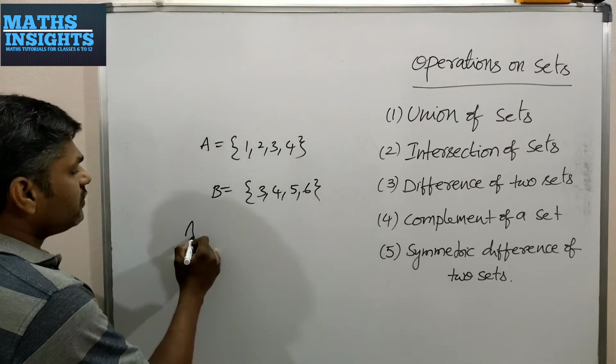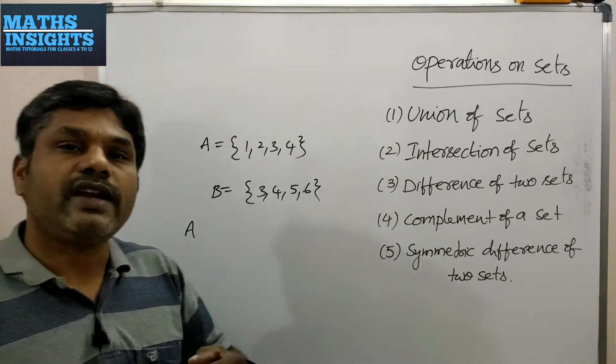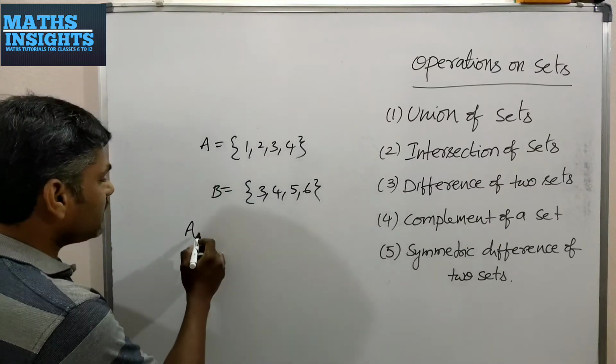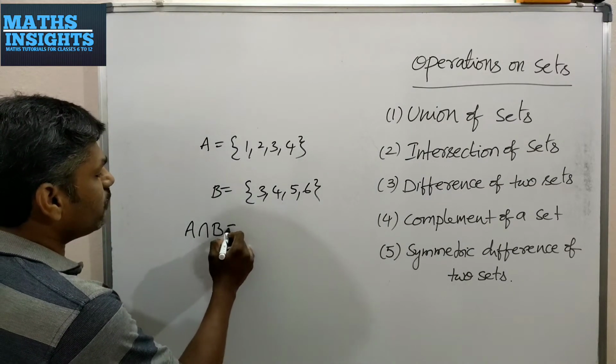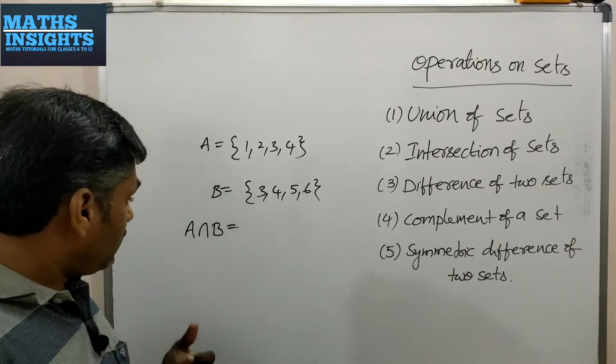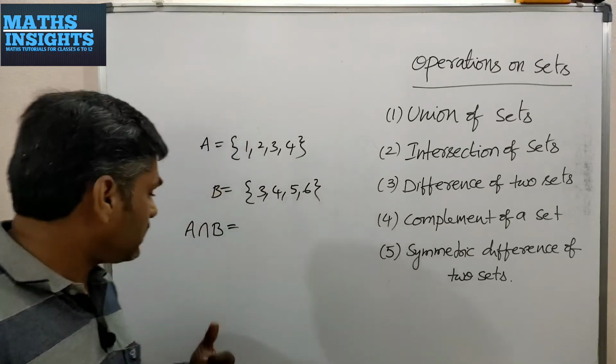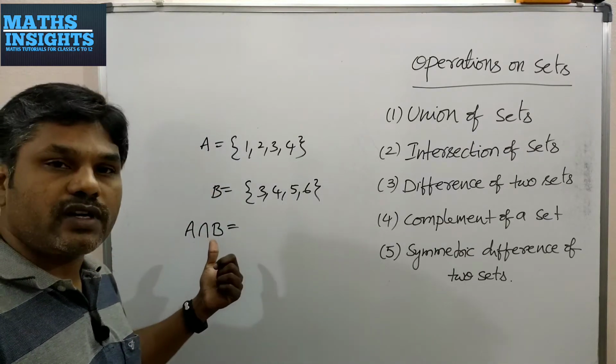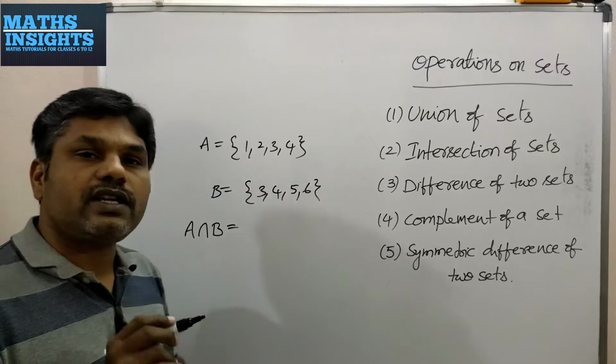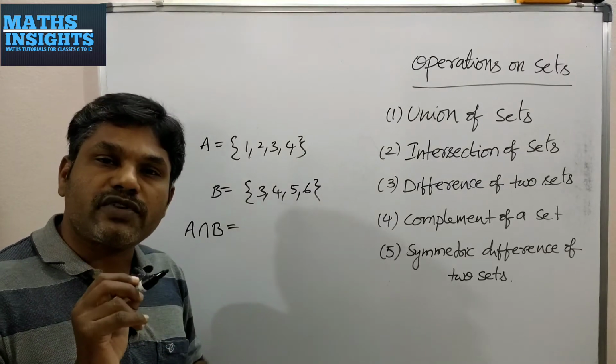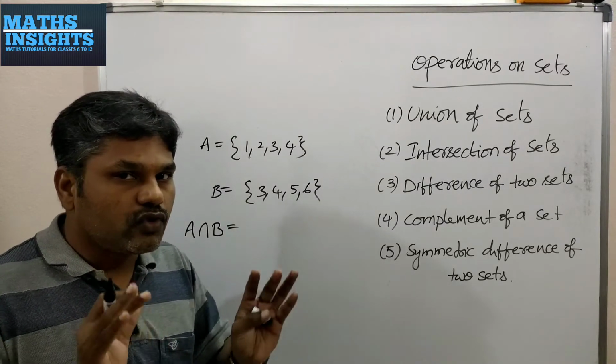Now I will represent A intersection B by writing an inverted U. In the case of union, you have written U. But here for intersection you have to write an inverted U, which represents intersection of two sets.